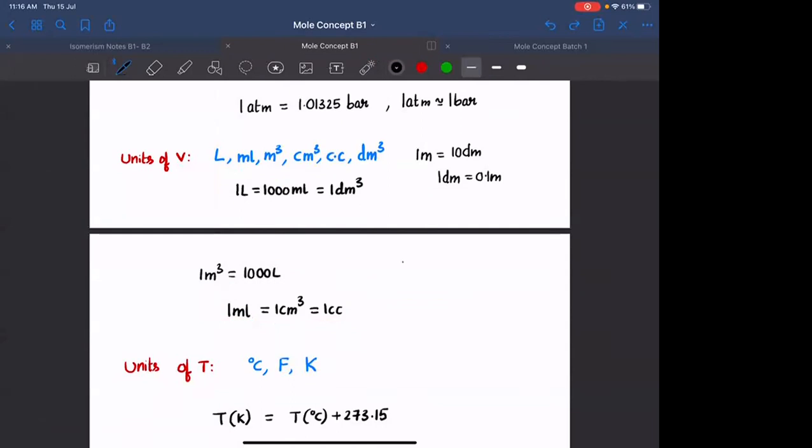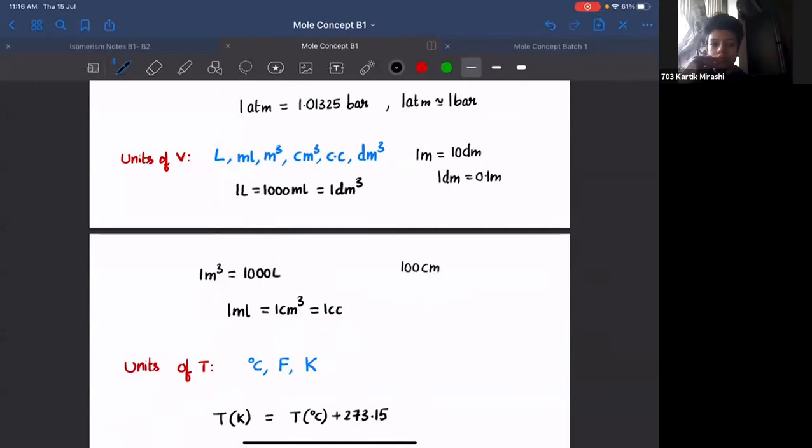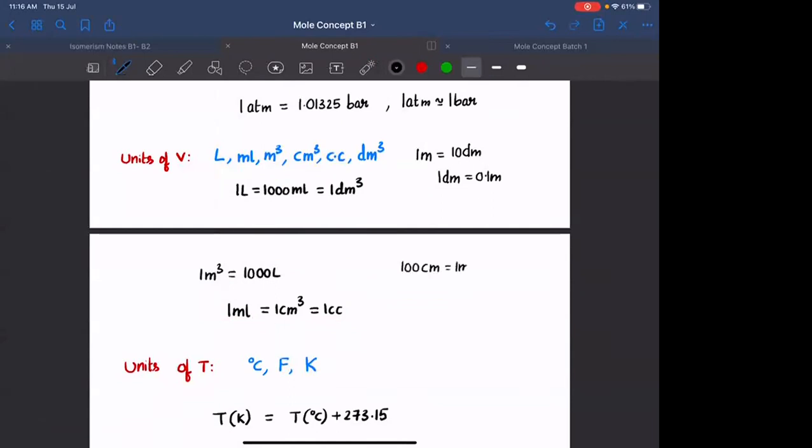100 centimeters is equal to 1 meter. So 1 centimeter क्या होगा meters में? 10 raised to minus 2 meters. हमको क्यूब के बीच में रिलेशन चाहिए ना.